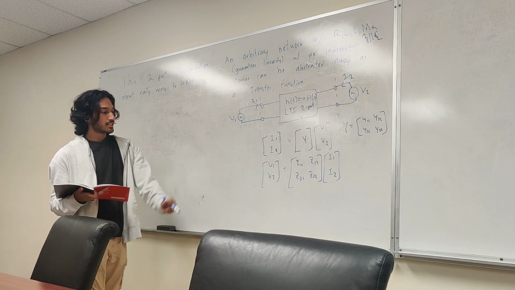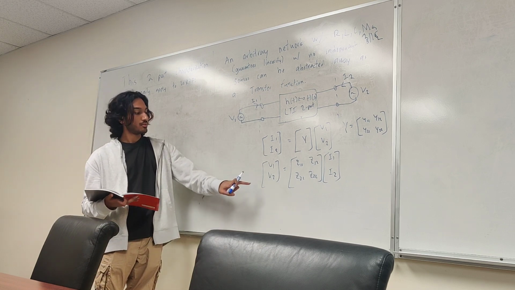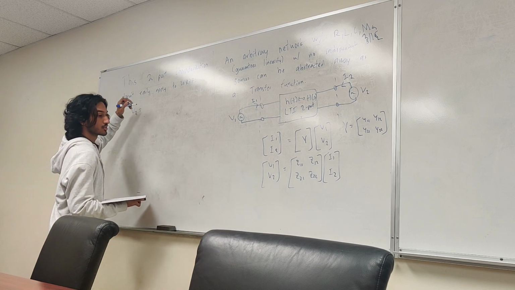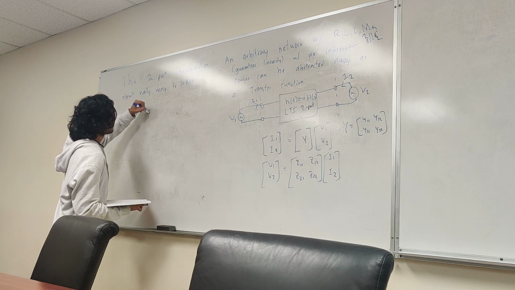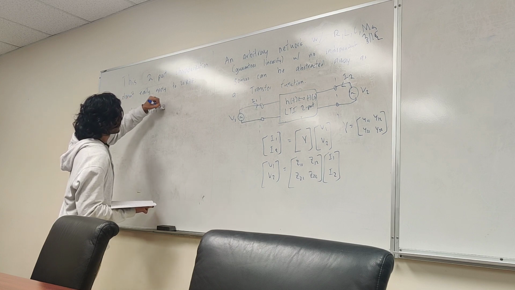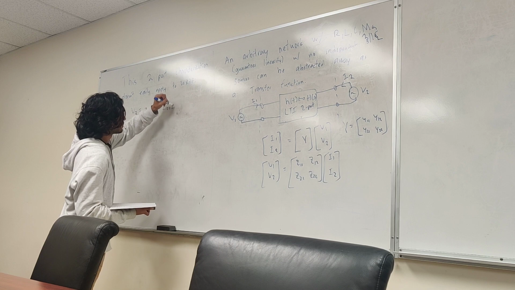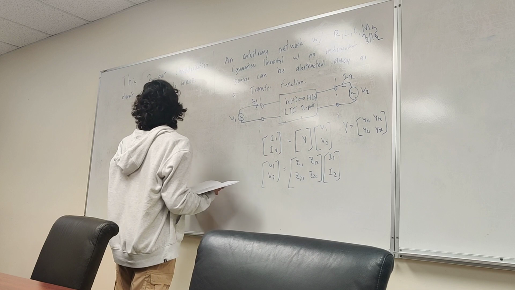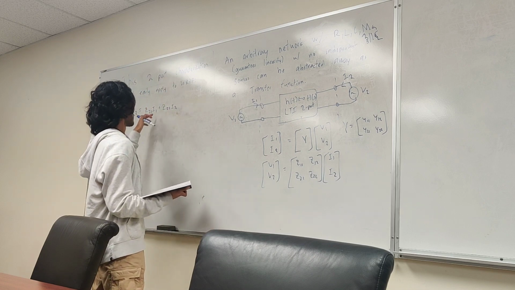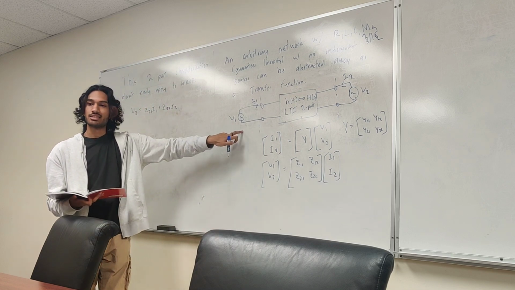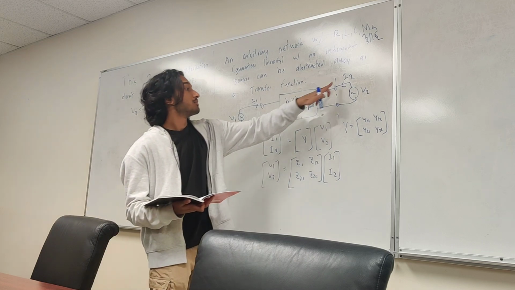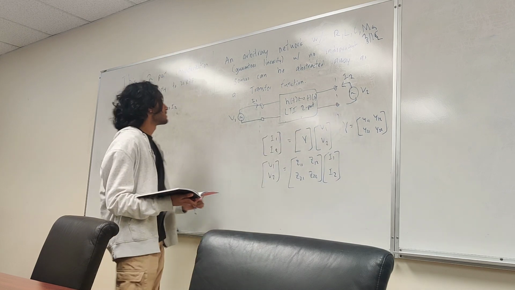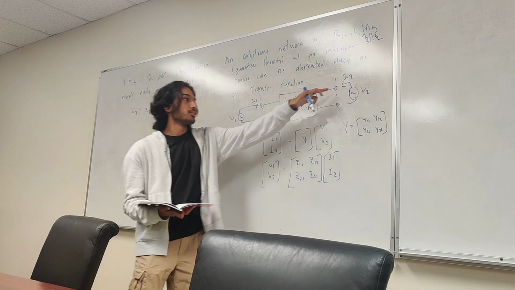Okay, so let's say we want to figure out what V2 is. Write the equation for V2. Now let's say we want to figure out V2 as a result of a stimulus on this side. For us to do that, we have to disconnect this voltage source, which means this current here is going to be 0.